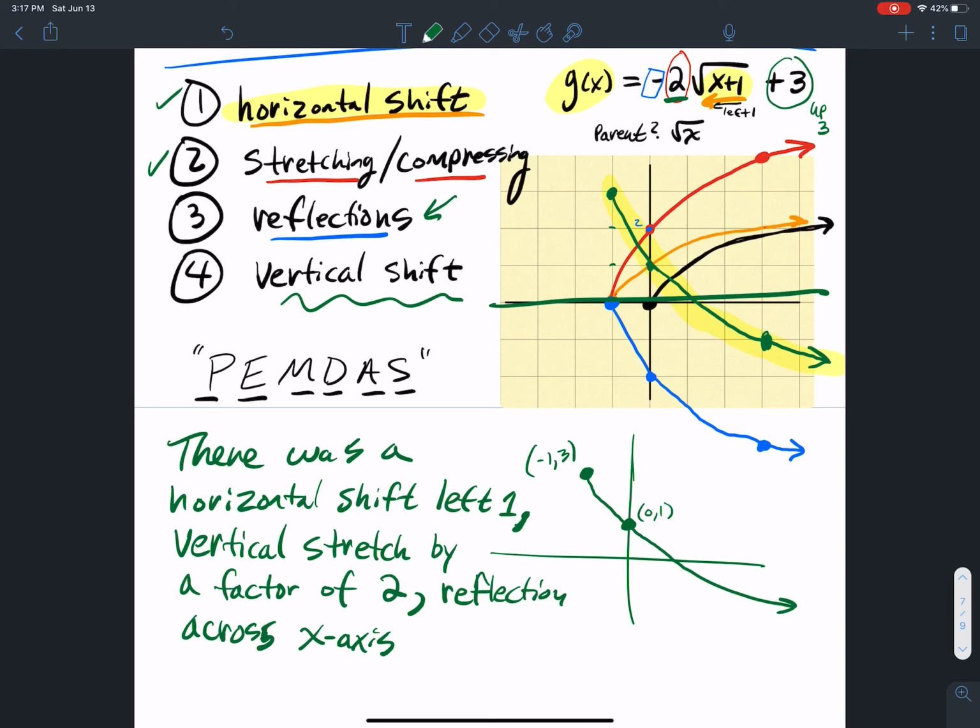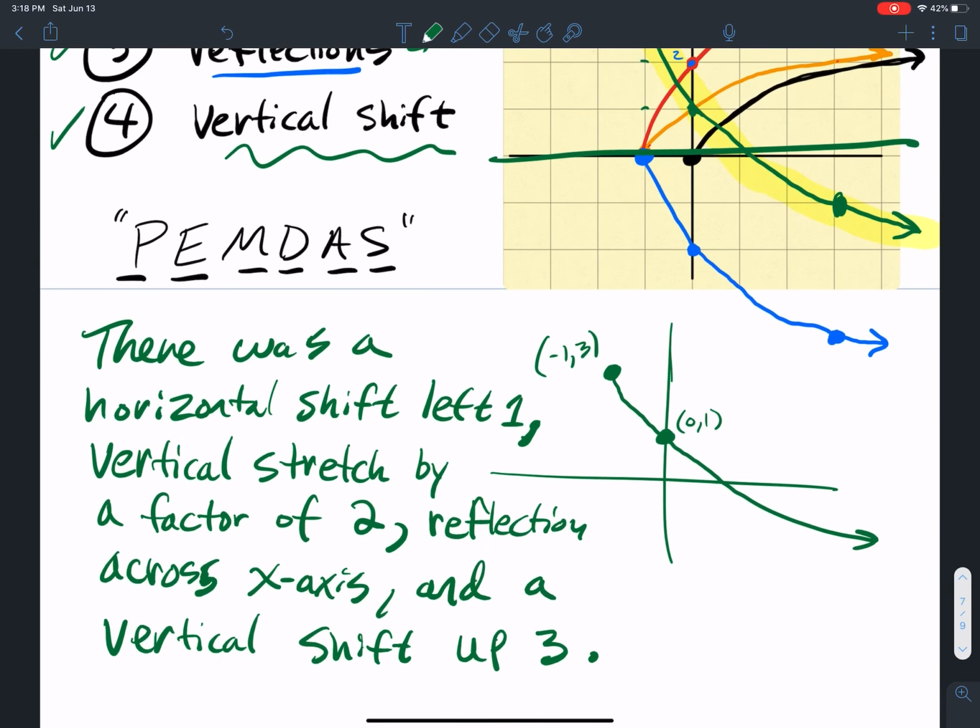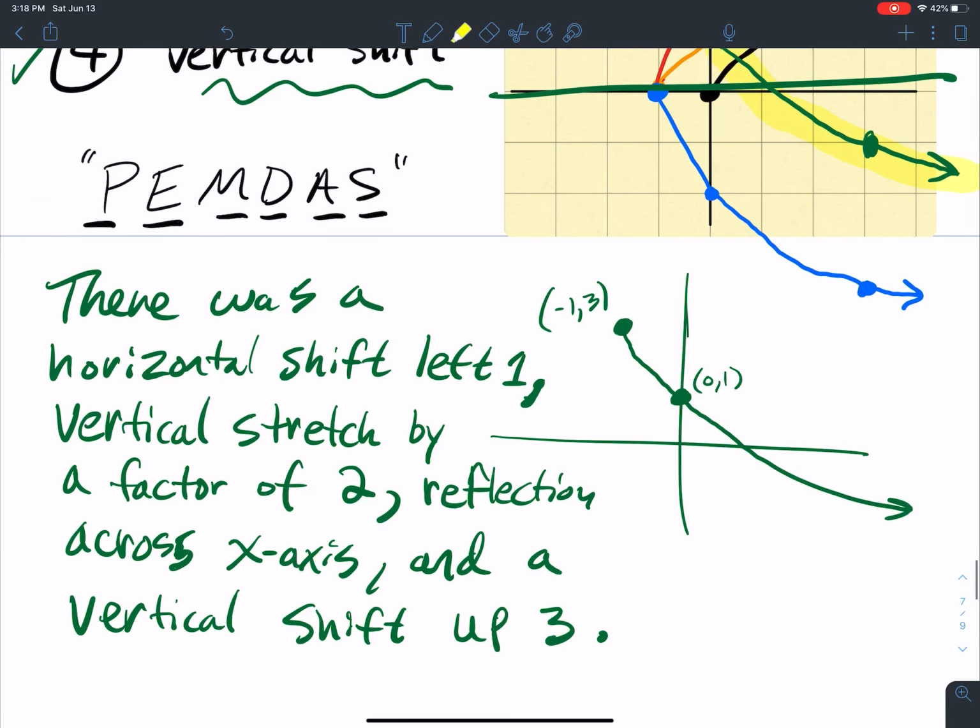And then the last thing was the vertical shift. Well, what is the vertical shift? Up 3.